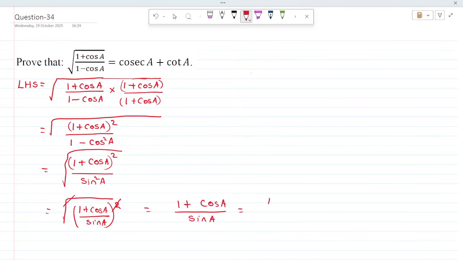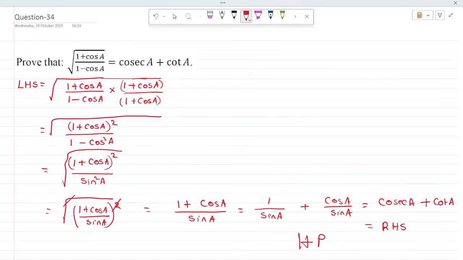Separate the terms. 1 by sin A plus cos A by sin A. What is 1 by sin A? Cosecant A plus cos by sin A is how much? Cot A. Very good. That is only what we need to prove, right, RHS? Hence proved.